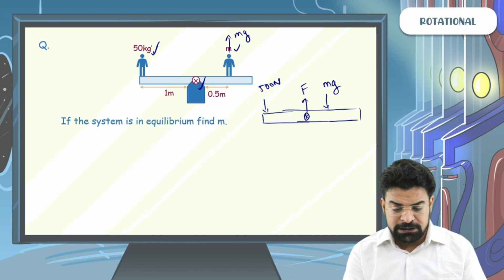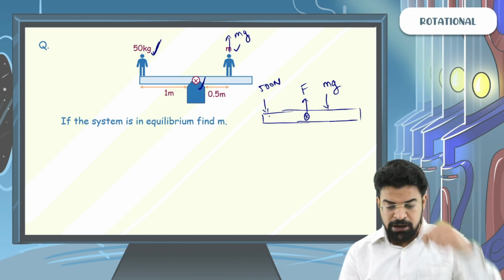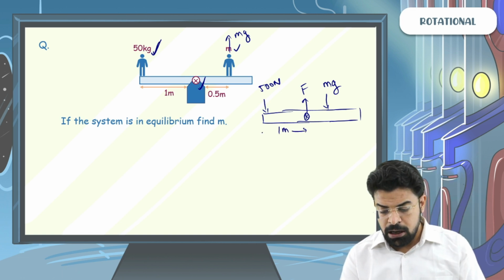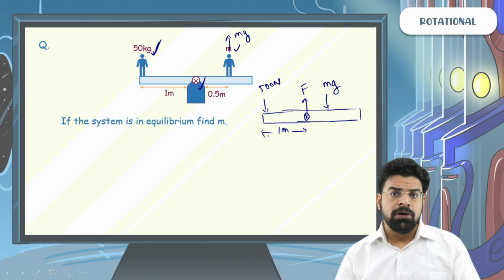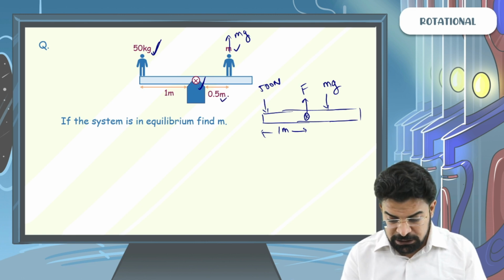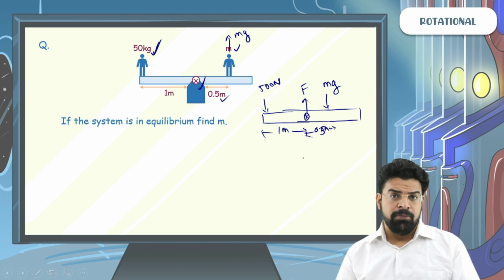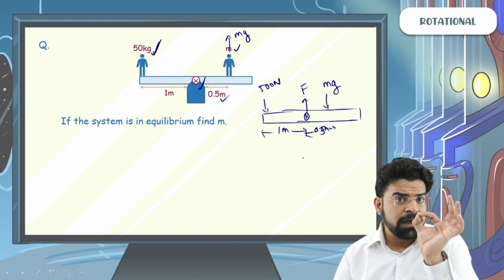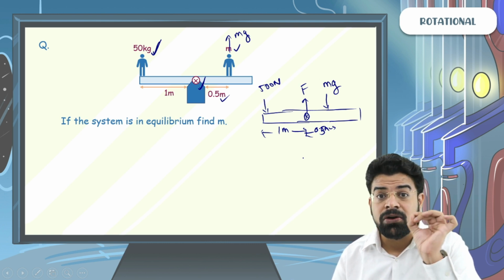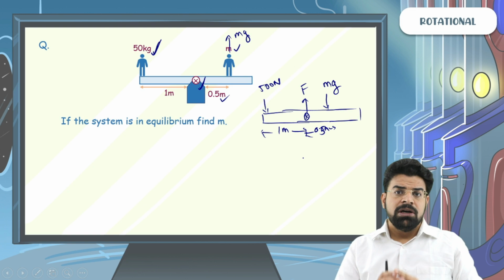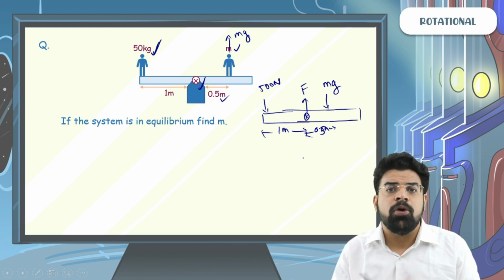Now, the distance at which the force of 500 Newton will act is given as 1 meter from the point of support, and this distance is given as 0.5 meter. Now, when we say that a body is in equilibrium, then the net force on the body has to be zero, as well as the net torque on the body has to be zero. The net torque on the body has to be zero about which point?